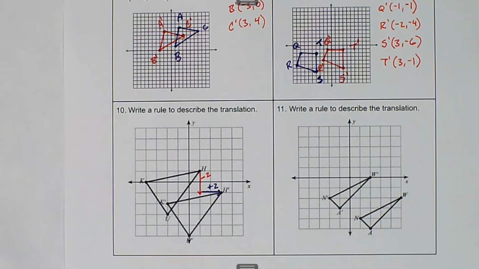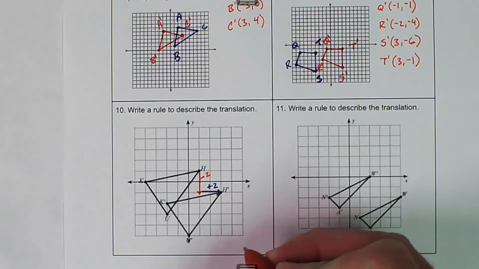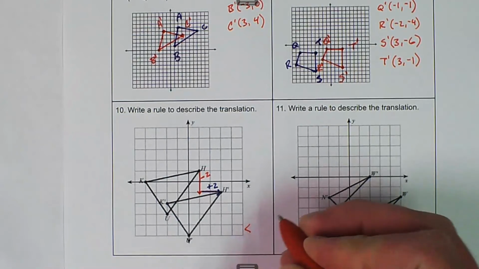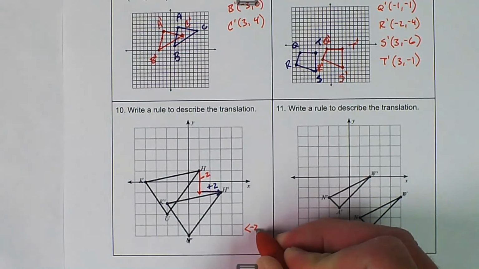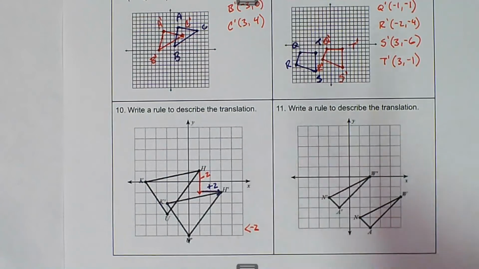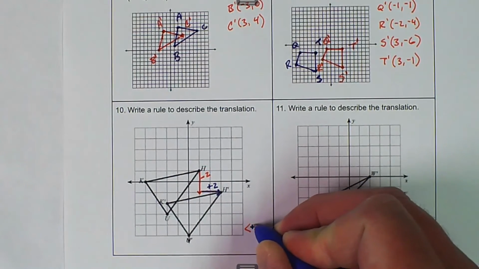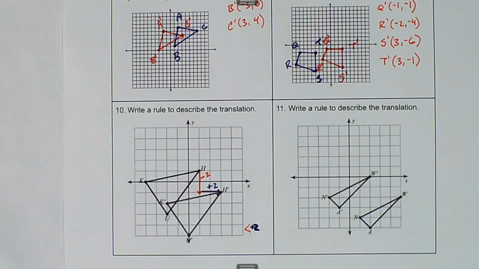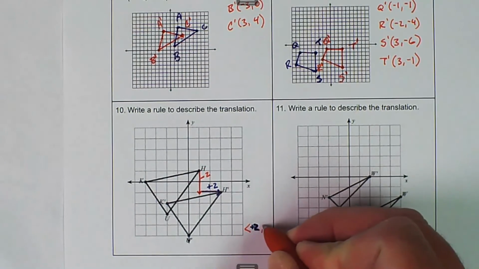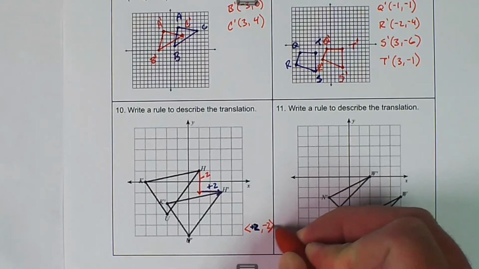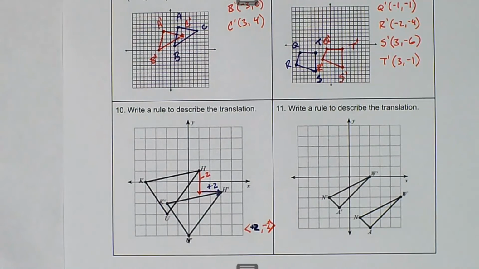So the rule, we could write as a vector notation, which would be positive 2 in the X, because we do X first, and negative 2 in the Y direction.